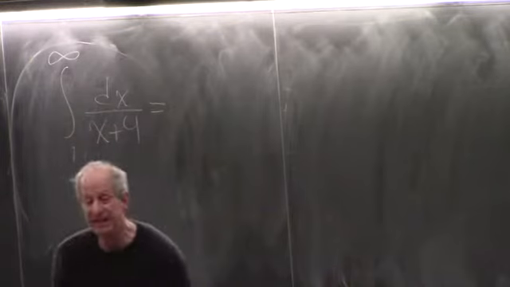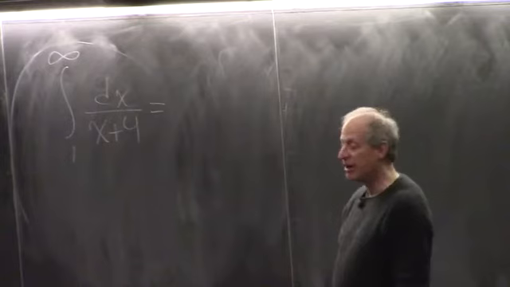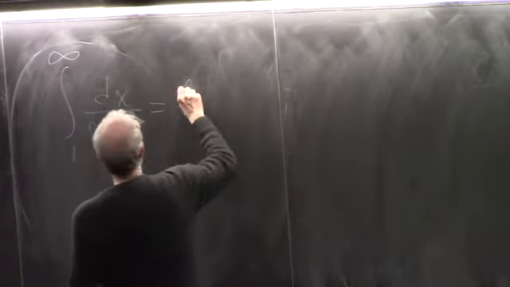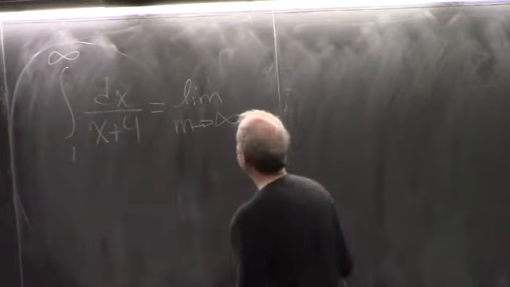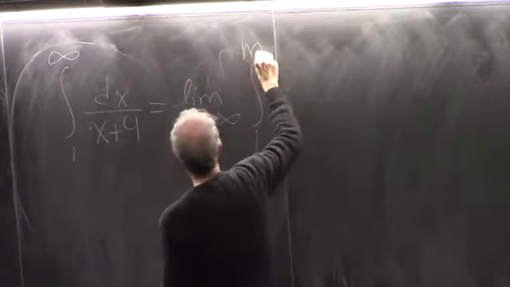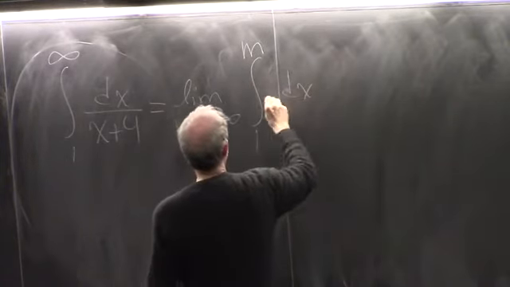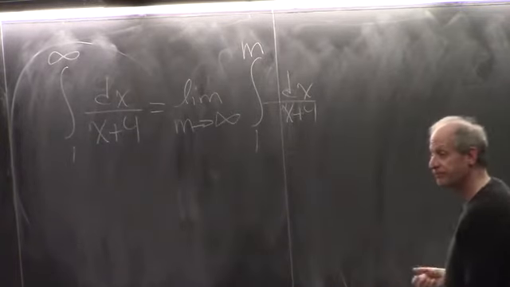I give partial credit for writing the limit, but it depends on the professor. Let's make up a new letter. How about m? It doesn't matter what letter you pick. I advise against S. So the limit as m goes to infinity of the integral from 1 to m of dx over x plus 4.